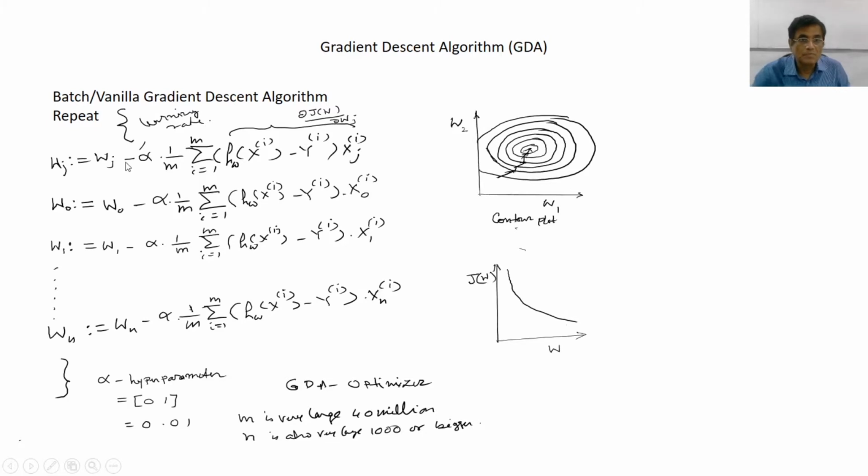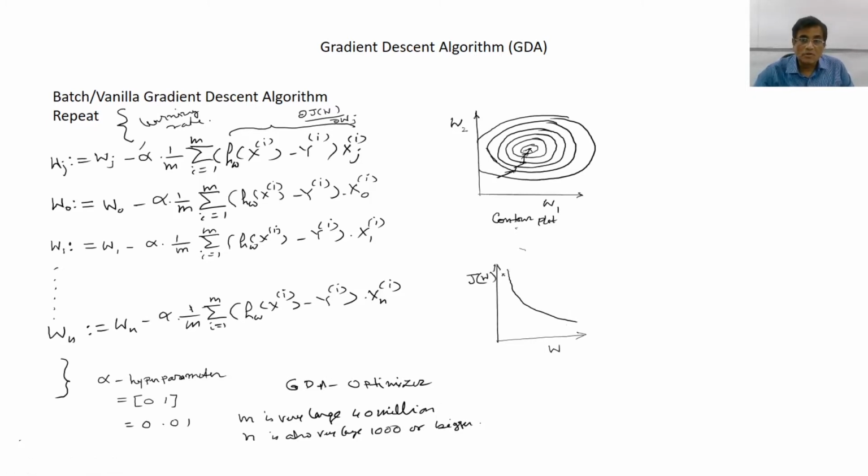So if m is large, we will discuss that you should not use the batch gradient descent algorithm because it is slow.